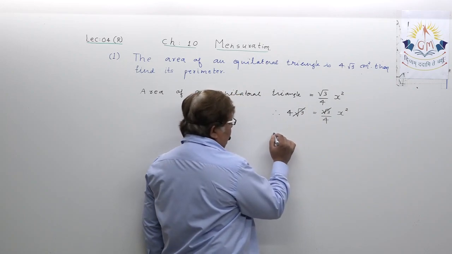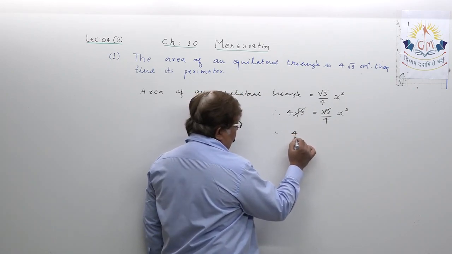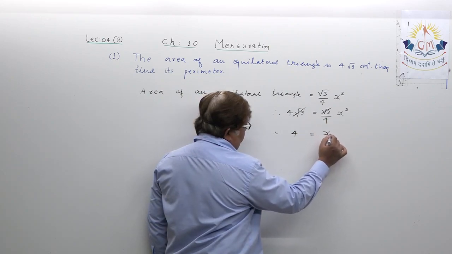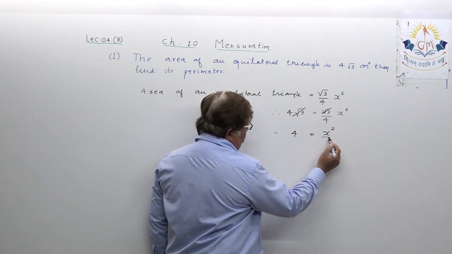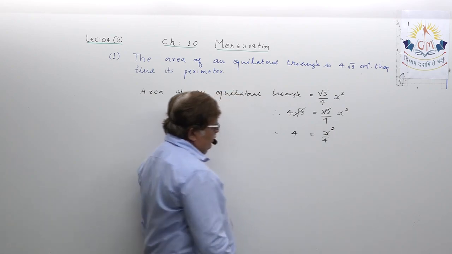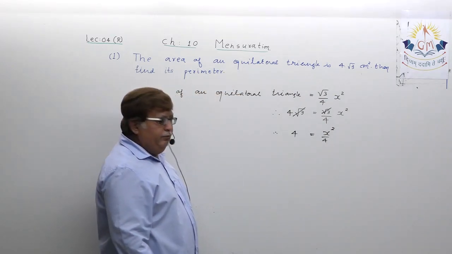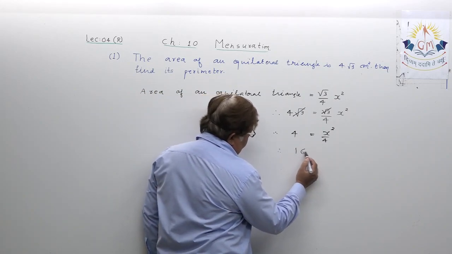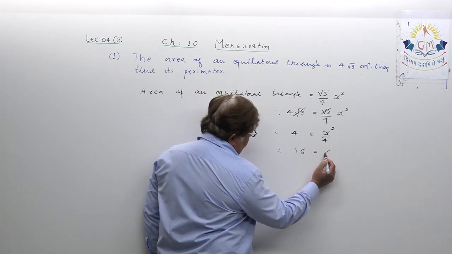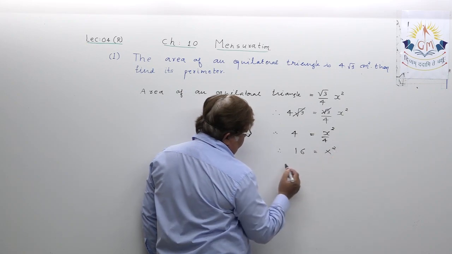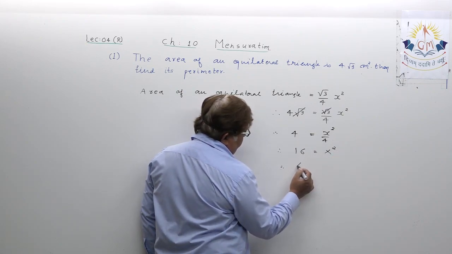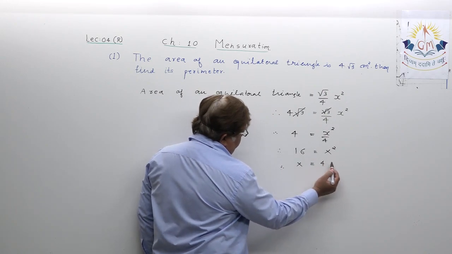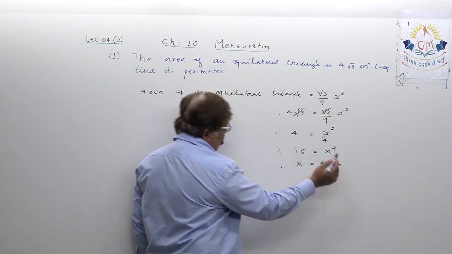Is it clear, my dear student? 4 equals x square upon 4. You understood this? 4 fours are 16 equals x square. So when we take out the square root, x equals 4 centimeter.